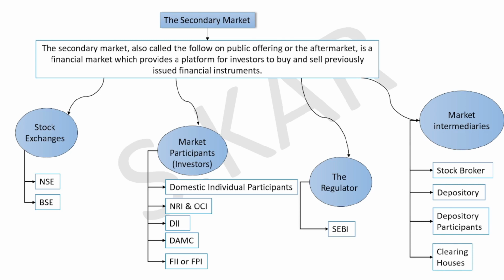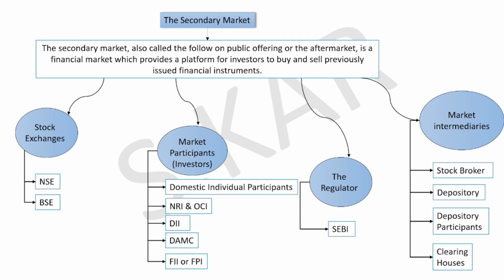So the screen right now, which you see, contains all the organs of the secondary market. All of them have their individual duties to perform, which are independent of each other, and all of them work for us so that we have a seamless experience while trading in the share market.